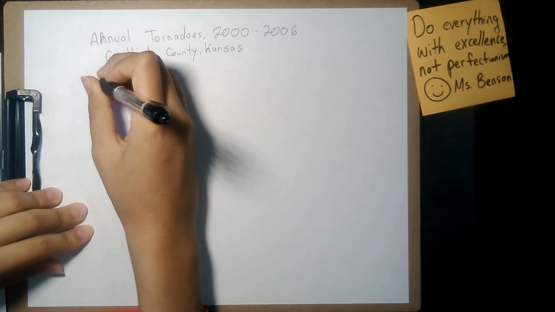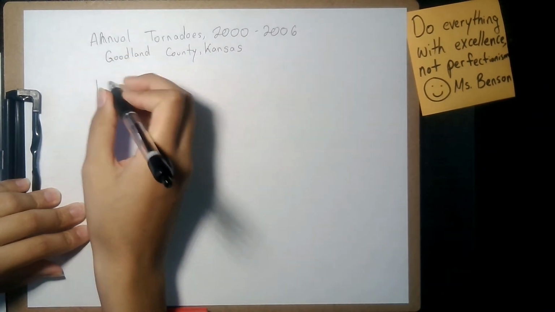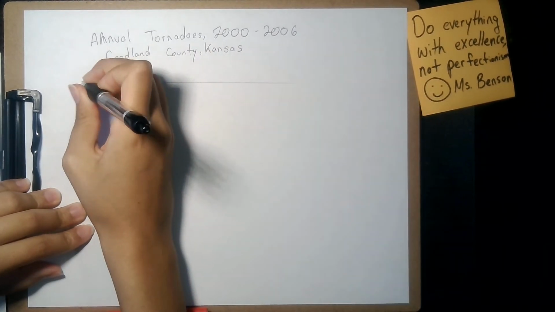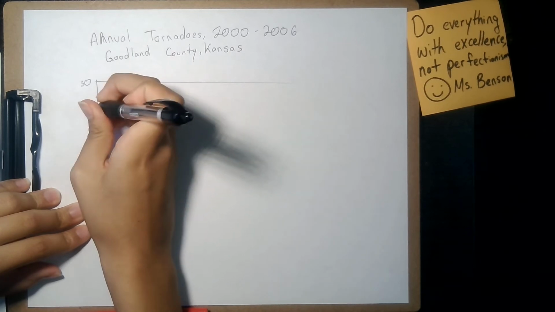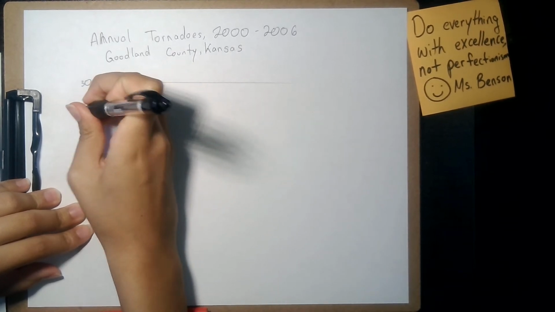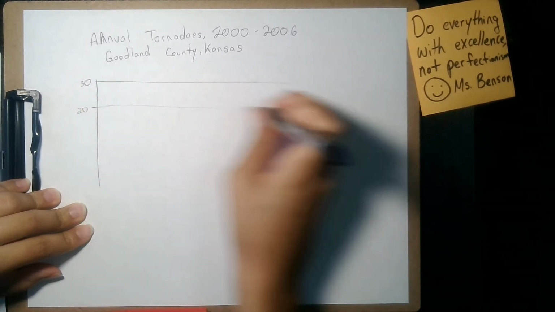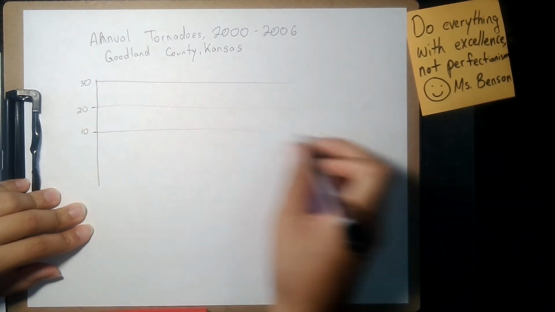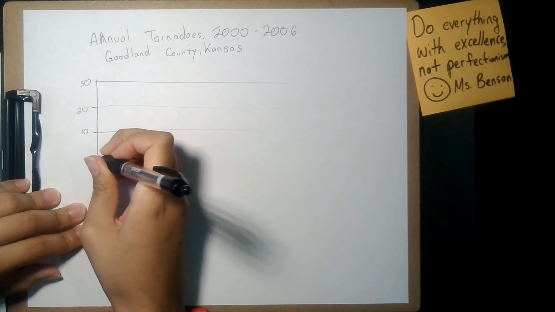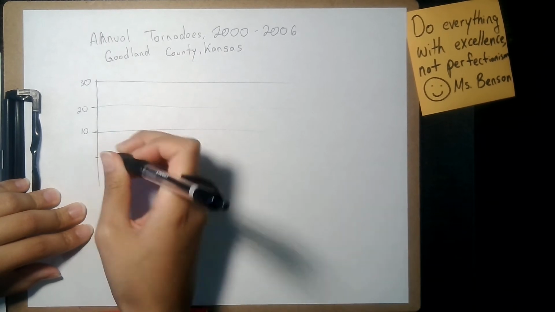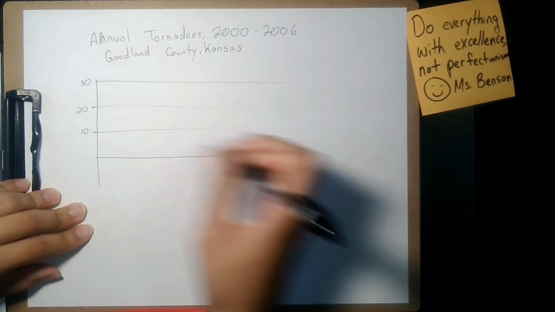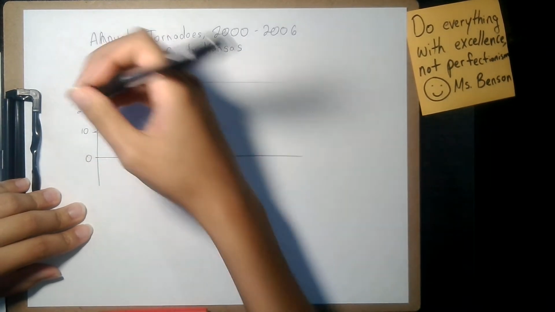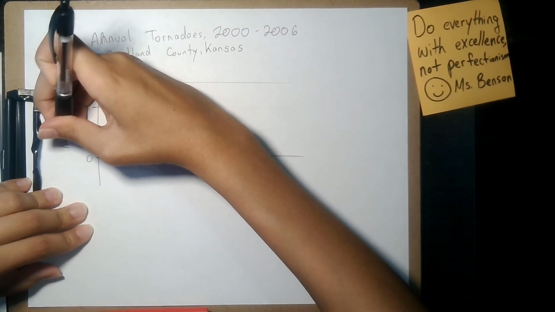Okay, so here we have 30, 20, 10, 0. This is the number of tornadoes.